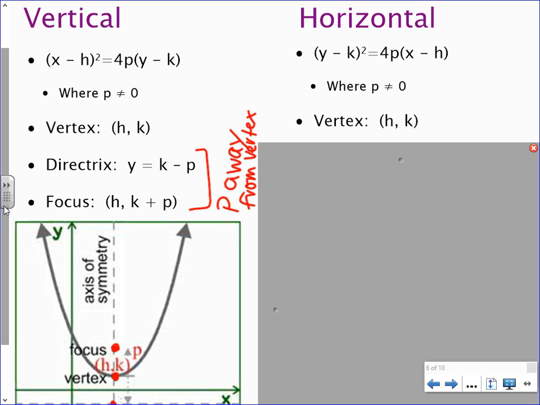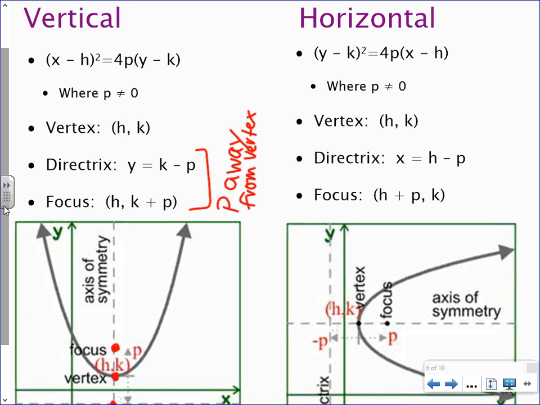Don't get mixed around if they're not in the order in which we usually see them. Okay, yes, I know that y is on the left side of our equation, but that k value is still the y coordinate for our vertex.